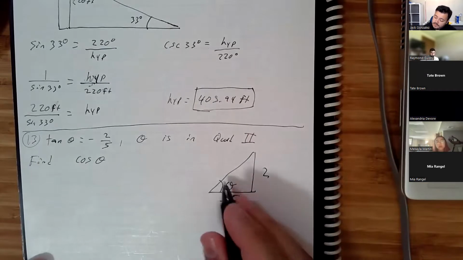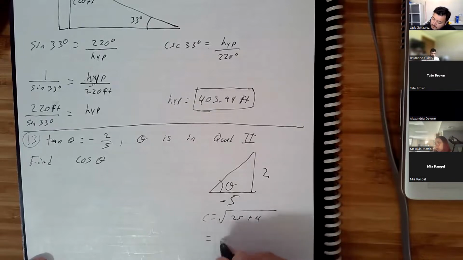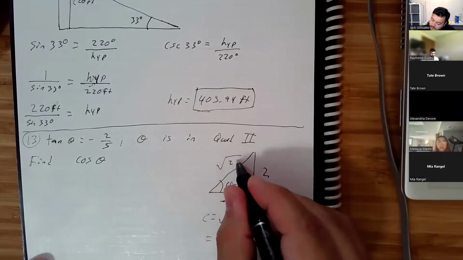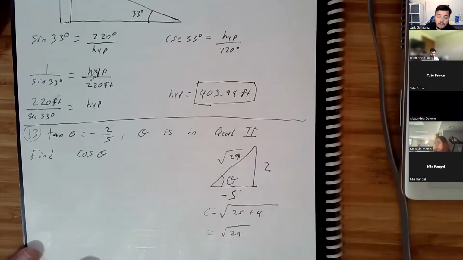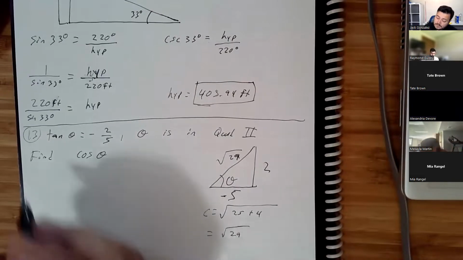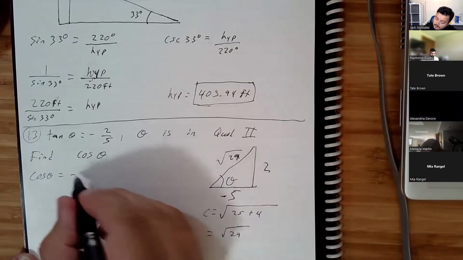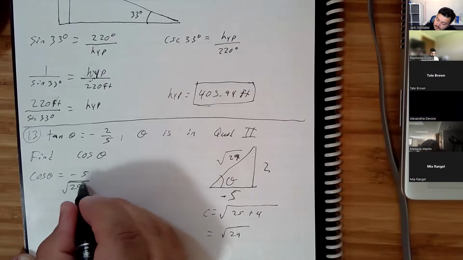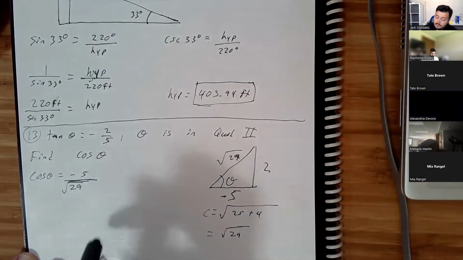All right, so find the C. Hypotenuse is always positive, so don't even worry about that. Root 29. So cosine theta is equal to adjacent over hypotenuse.